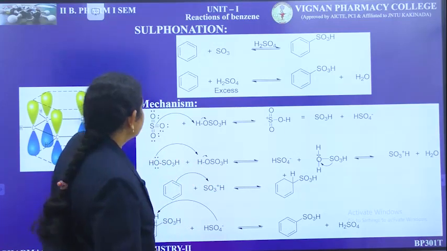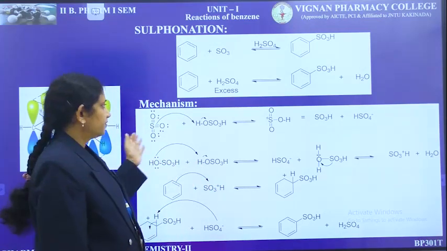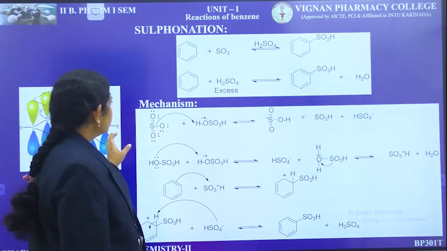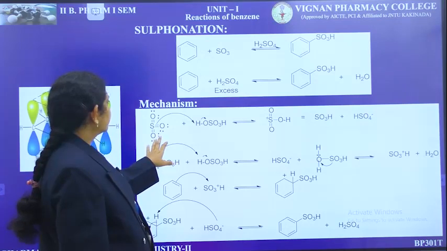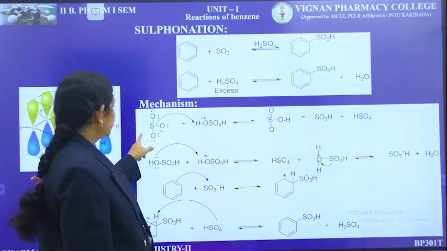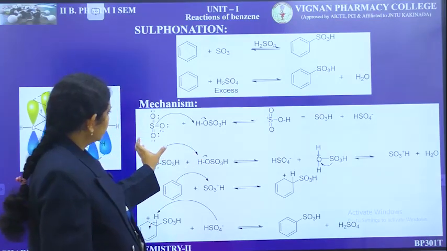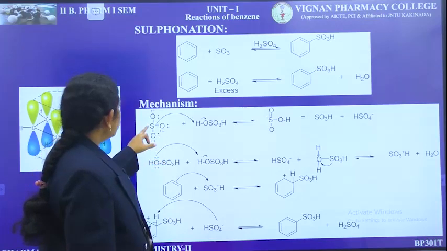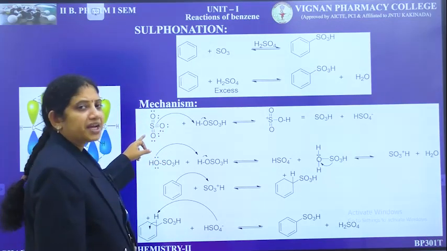First, coming to the reaction mechanism, that is generation of the electrophile. For example, we take the reaction with fuming sulfuric acid, that is sulfur trioxide and sulfuric acid. Here the sulfur atom is attached to 3 electronegative atoms.